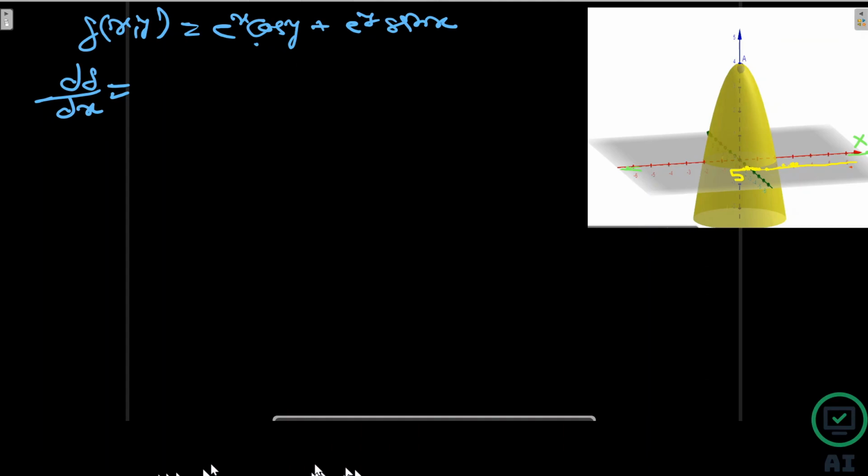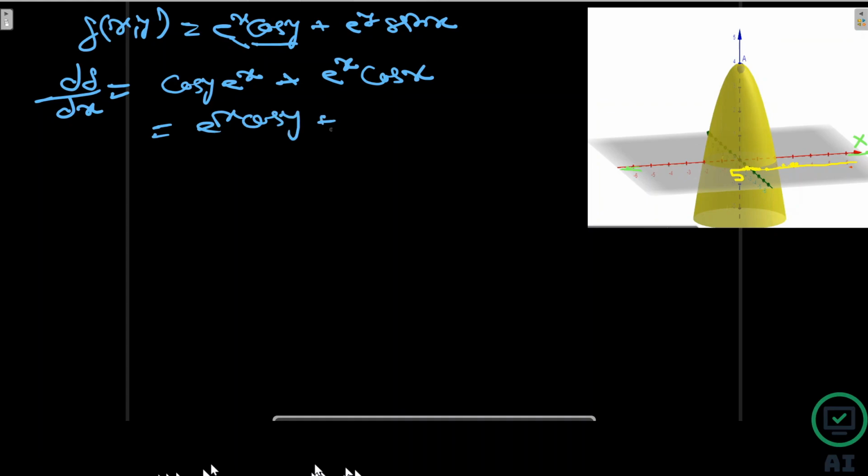So cos y will come out, and the differentiation of eˣ is eˣ itself. Then we have eʸ sin x. Here eʸ will come out, and the differentiation of sin x is cos x. So the final one is eˣ cos y + eʸ cos x.